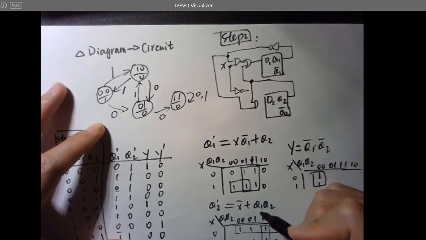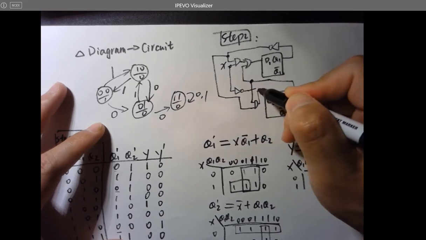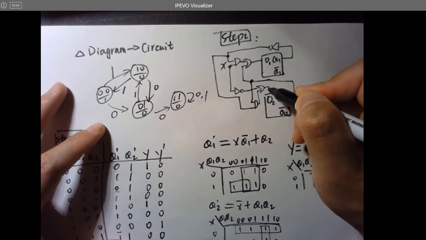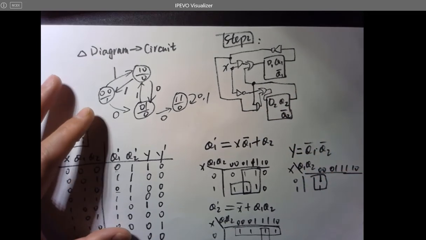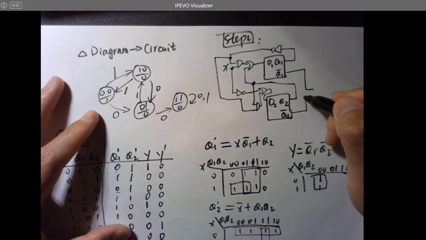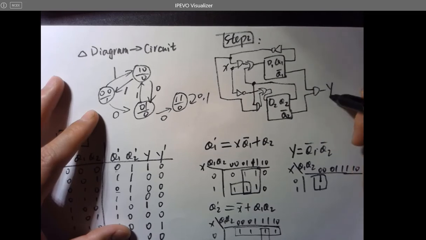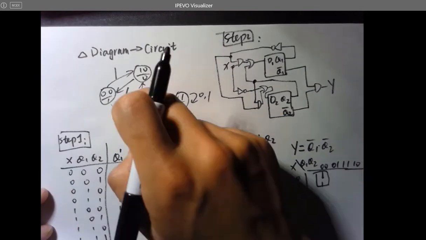Don't have too much space. Q1 and Q2 or X naught. All right, go back to D2. And the Y, which is Q1 naught and Q2 naught. All right, so that's the entire sequential circuit that comes from this state machine.